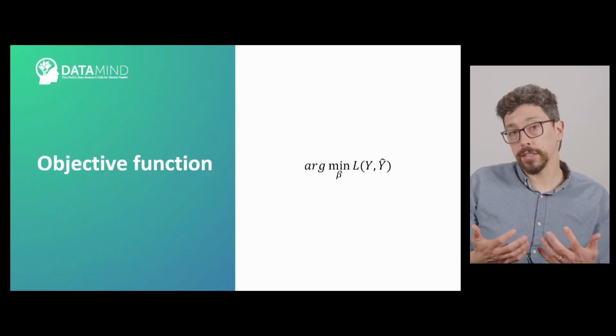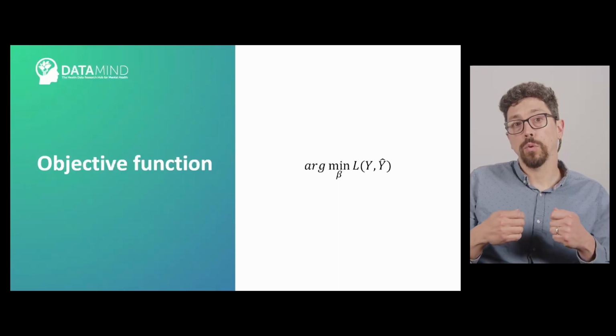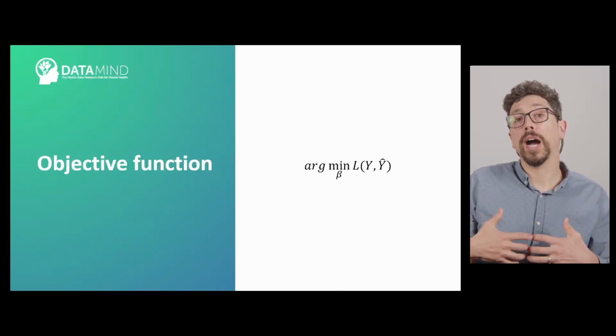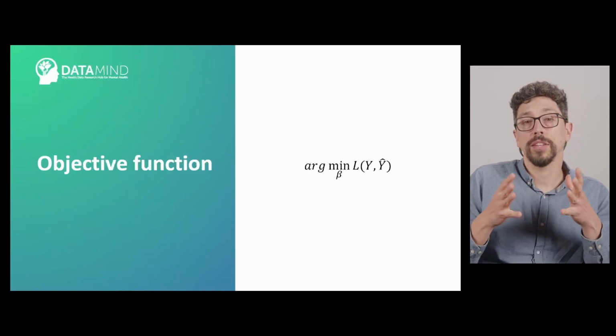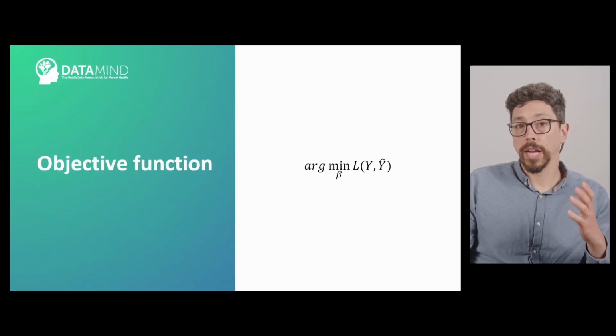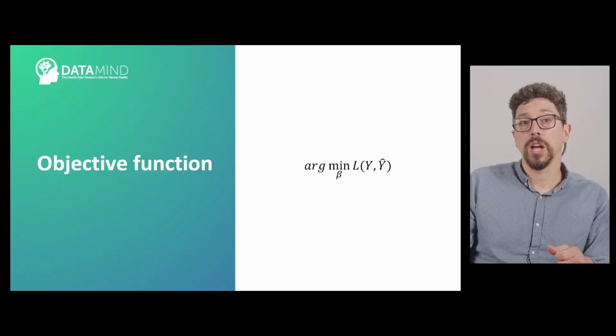So our objective then is to minimize that loss function. And what we need to do actually is to find the values of the betas, of the parameters that minimize that function. We can't change the data, but we can change the parameters in the model.